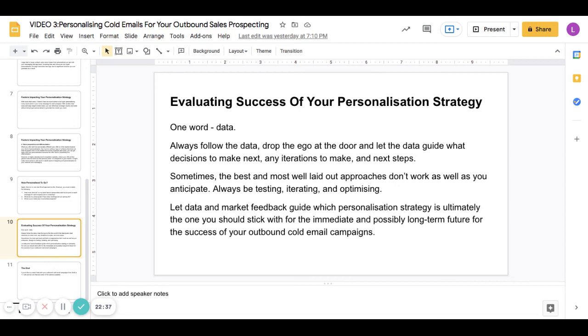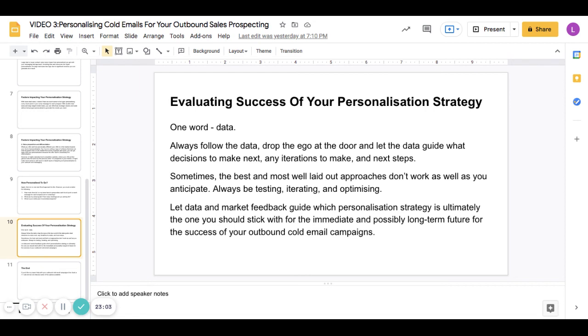There have been cases where I've written what I thought was amazing copy and an amazing offer. I've packaged it so irresistibly, and then it just hasn't worked as well as I expected. At that point, you've got to drop your ego a bit and say, well, the data is clearly telling me that this isn't working as well as I anticipated, so now we've got to try something else and test something else.